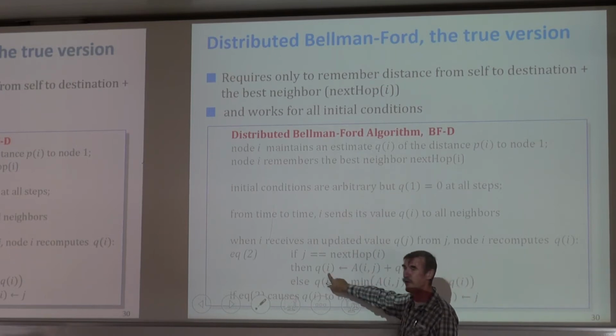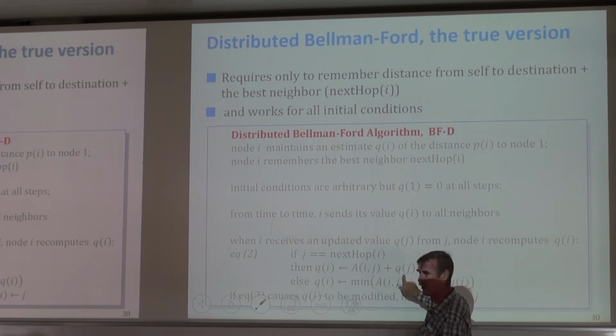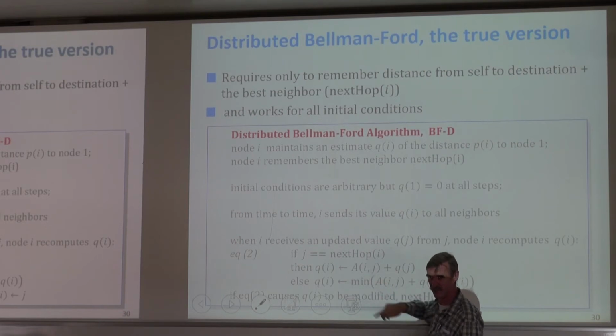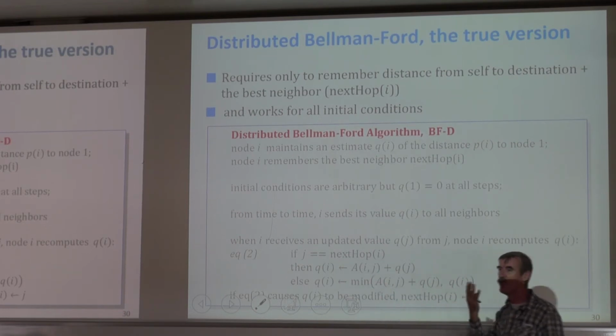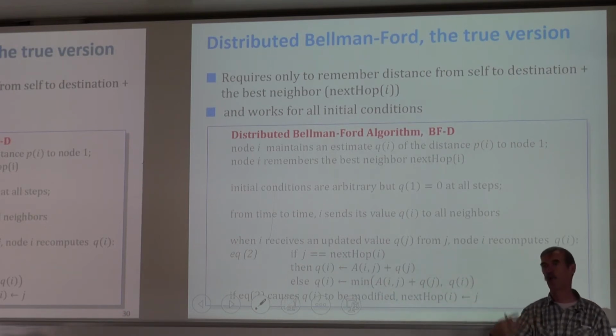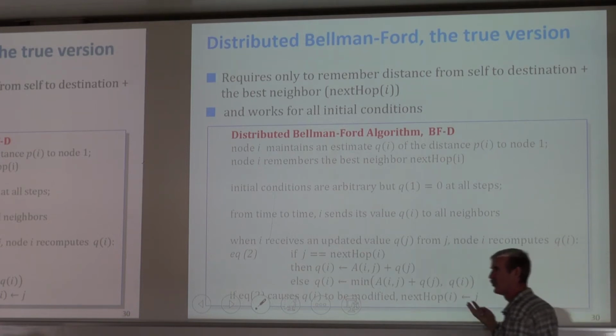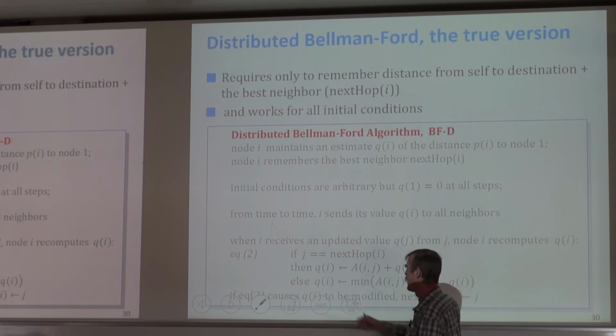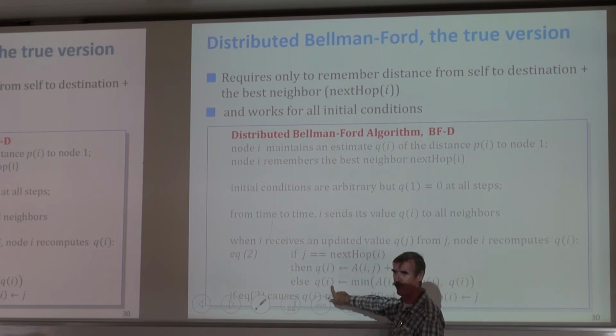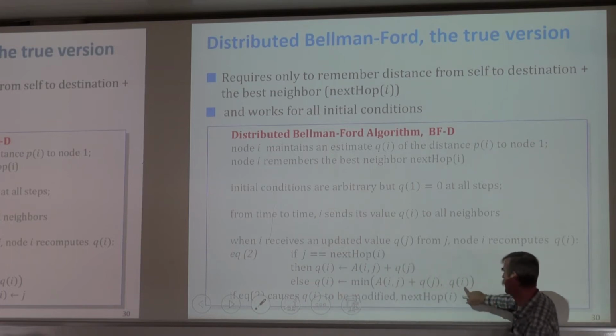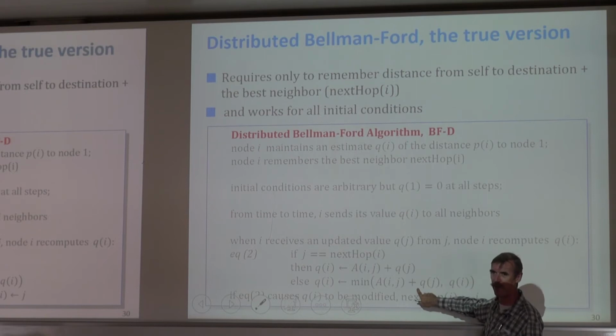I say my new value of Q of I is the value that J is telling me plus the cost of going from me to J. I do that only if I receive an update from J who was previously for me the best direction to go towards the final destination. Otherwise, if I receive an update from a J that is not the next hop, I do what the previous algorithm did: I compare what I have to what I would have if I adopt this one.